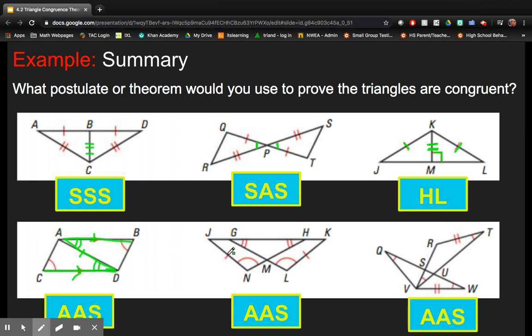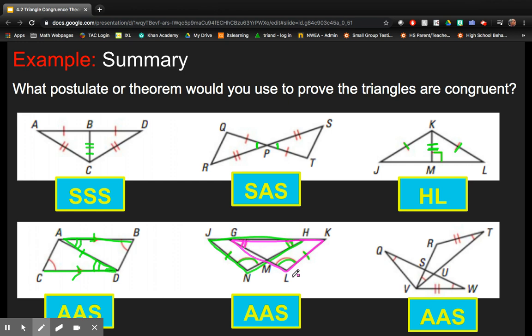Next one, you've got side congruent to side. You've got angle congruent to angle. Now, if I'm looking at this triangle right here, this angle is congruent to this angle, okay?